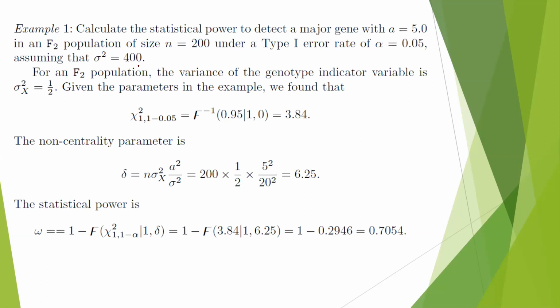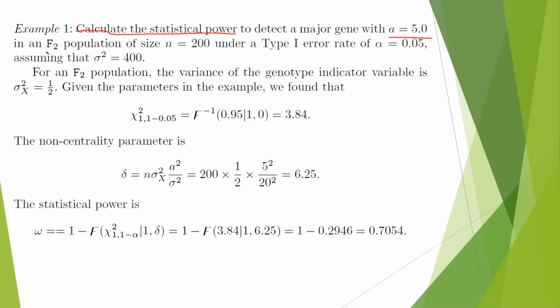Okay, let's look at this example 1 first. Here I will ask you to calculate the statistical power for detecting a major gene, with A equals 5, which means we know the additive effect is equal to 5.